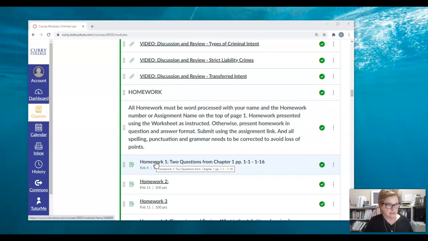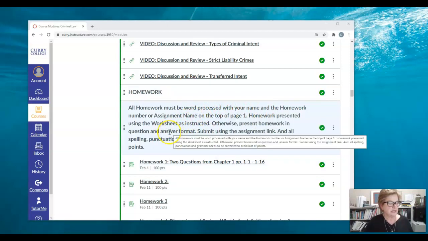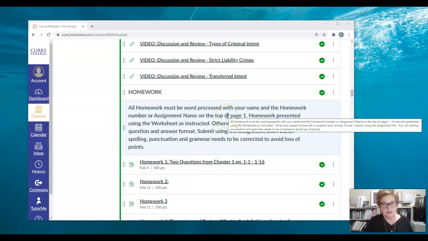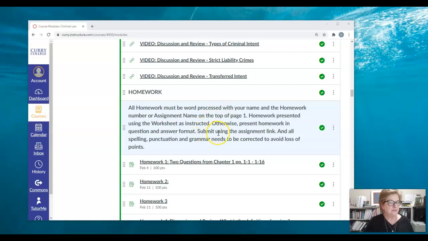And it must be word processed, as you can see. And you need to present it in question and answer format. Your name and the homework number needs to be at the top of the Word document, please. Otherwise, there's no way for me to really know who is submitting it. And please use the assignment link that is provided when you click on homework.